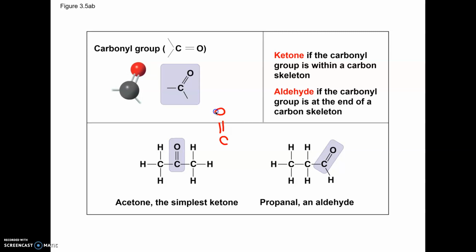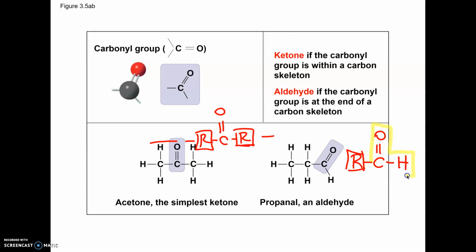So again, here's our ketone. The carbon double bonded to oxygen, it's connected to carbons on either side, and these would be a chain or a ring or whatever. Here's an aldehyde here. So here's your carbon chain, and your carbon double bonded to oxygen, and just a hydrogen to fill that 4th bond that carbon has to make.